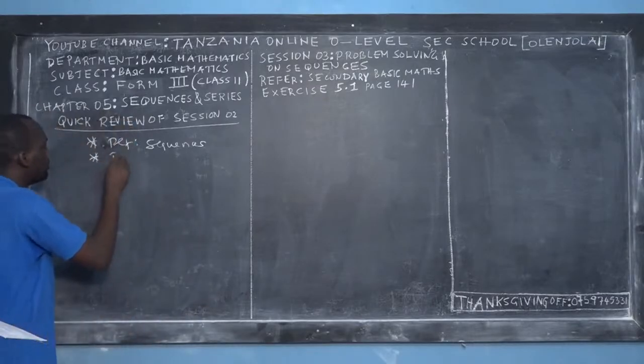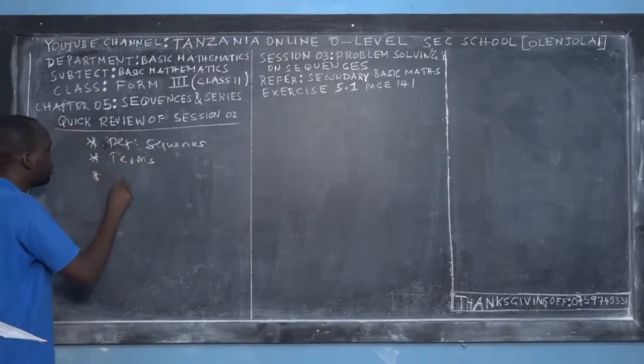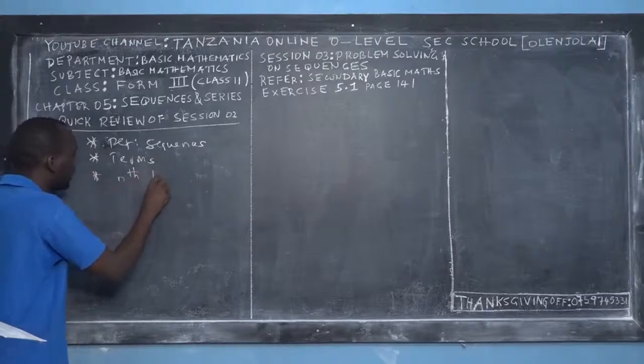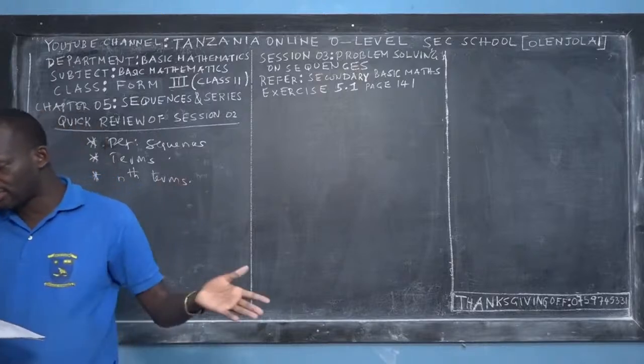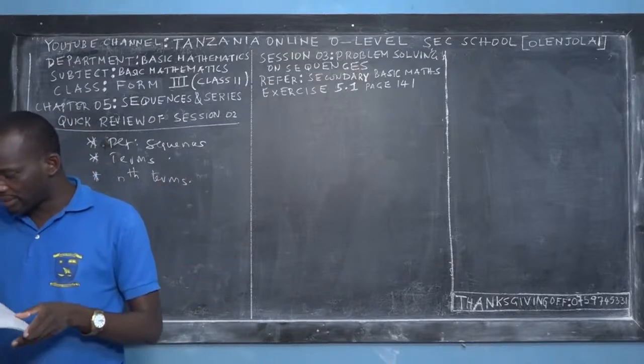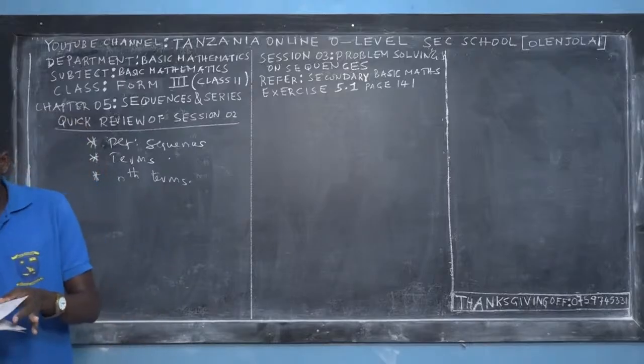I also told you the meaning of terms, and a specific term we call the nth term. Another key point we learned, after the sequences and the examples, was the types of sequences, and then we did some questions.